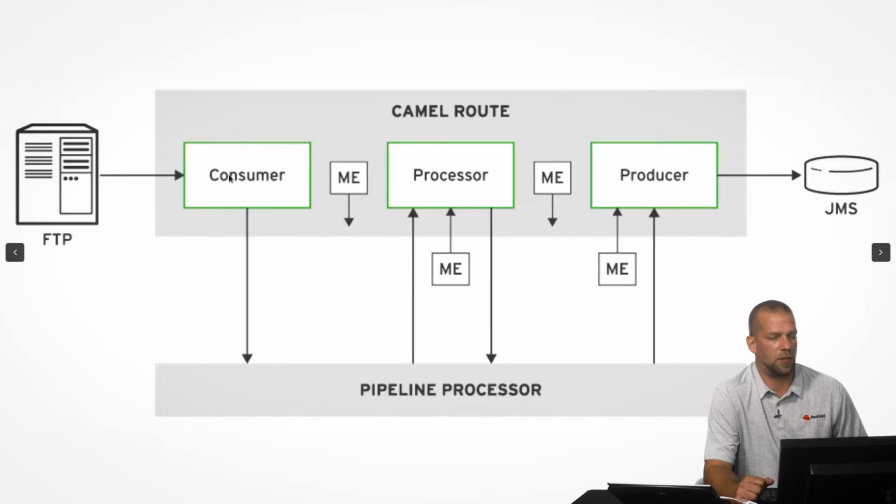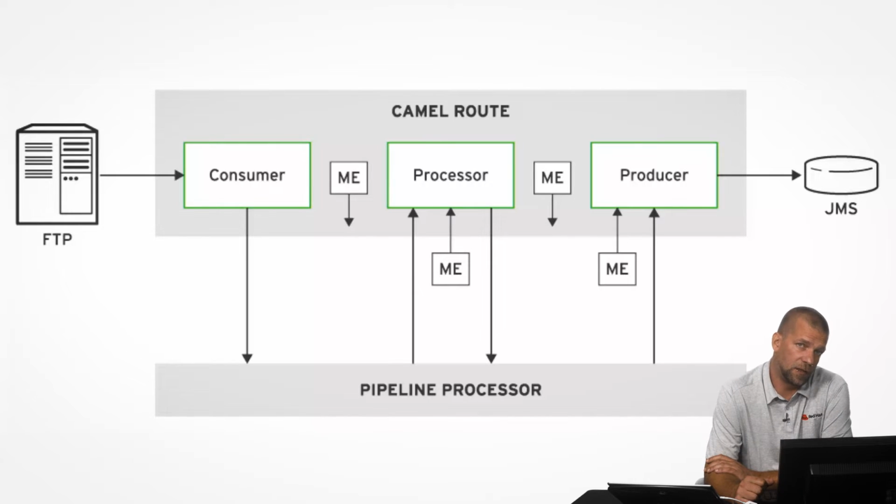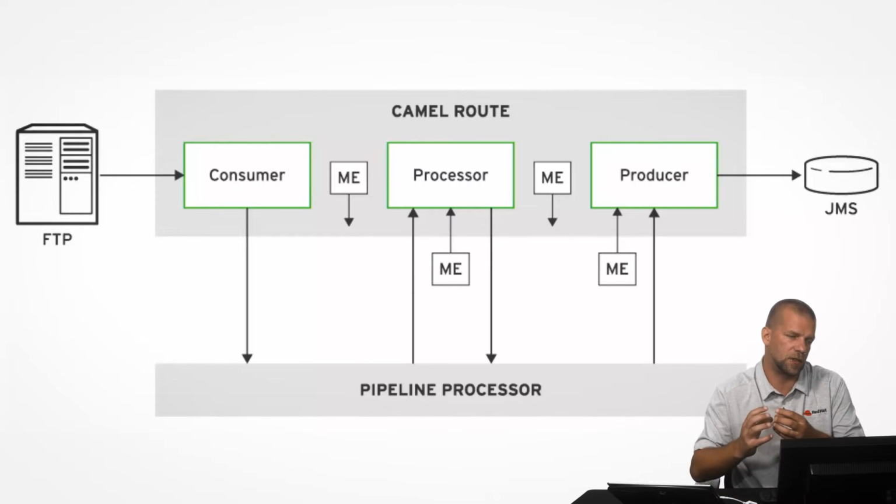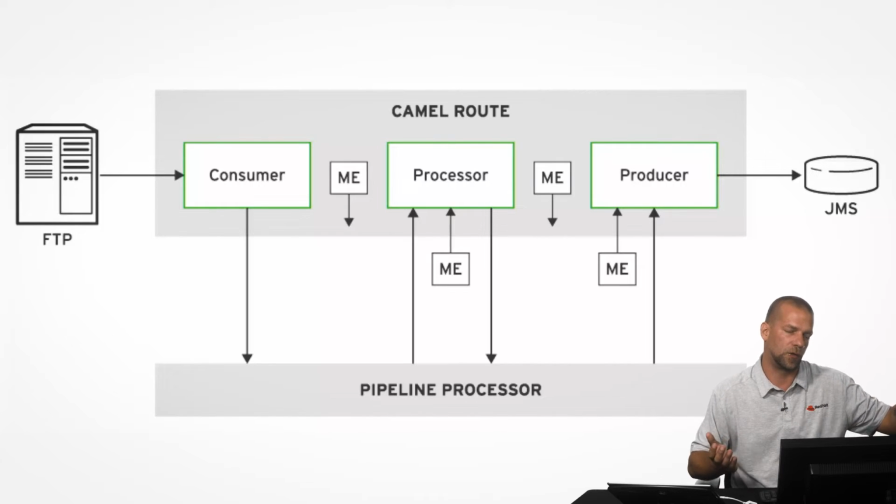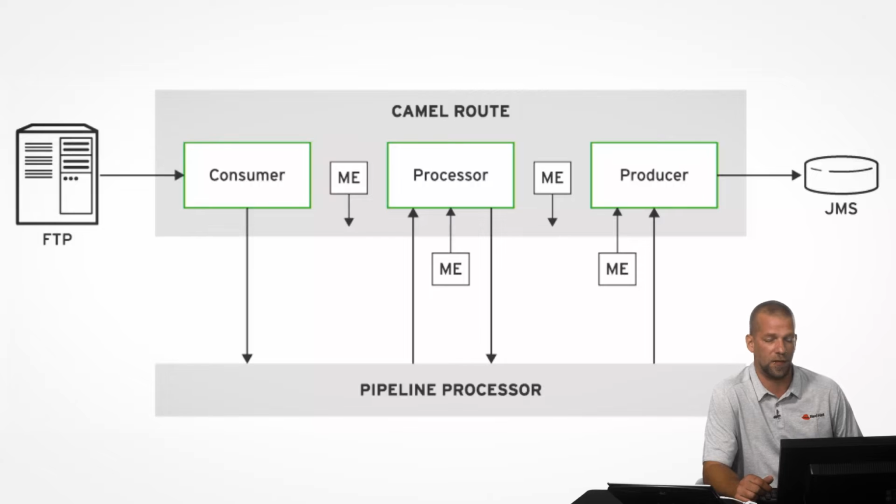Each message exchange, as we said, contains the message itself and some additional properties, and is passed by the consumer to what we call a pipeline processor. Because an easy way to think of Camel routes is just them being pipelines that define a certain sequence of events that have to happen in order for our message to be successfully processed.